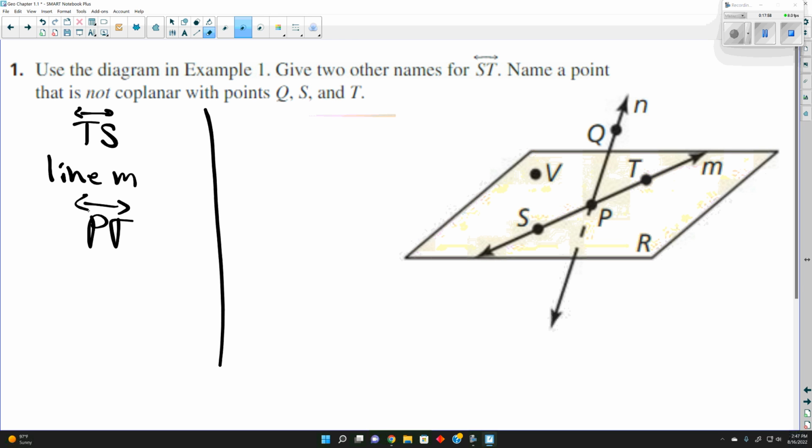Or we could have, let's see here, 1, 2, 3, 4, 5. I think there's one more. ST, TS, TP. Yep, that's it. Since there's 3 points, there should be 6 plus line M, so 7.